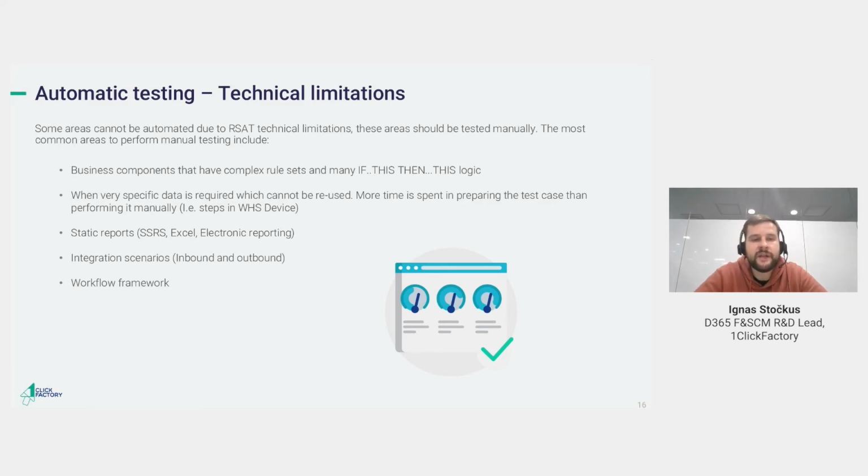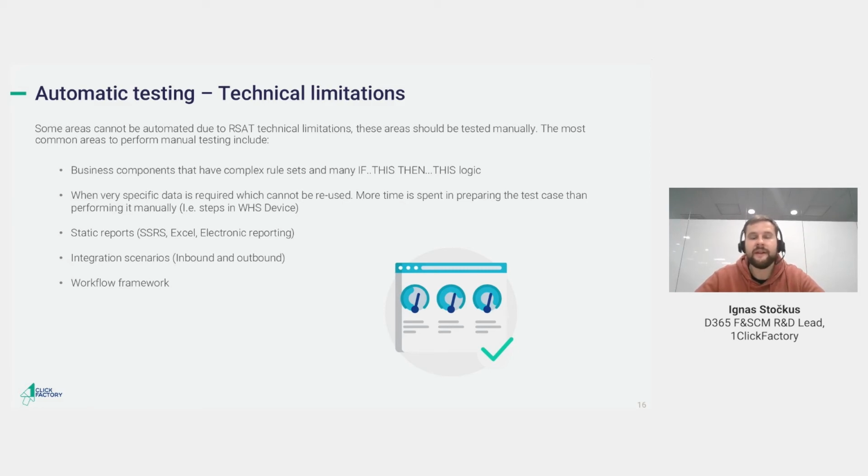So the technical limitations that we found, the main ones include when you have very complex rule sets, that means you have many, if this data, then this should happen. If this data, then this should happen. And if you end up with a lot of steps that are dependent on each other, you will see that it's very difficult, if one of them fails, to reproduce all of them to the exact same place. And it can become complex to actually create that automated test case.